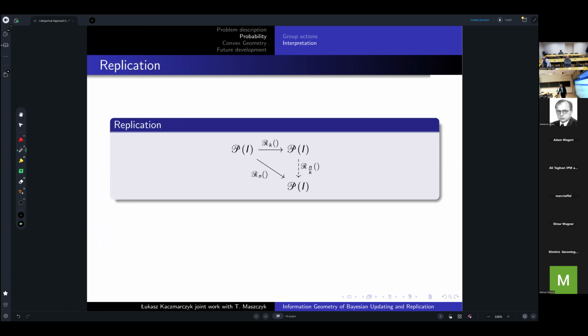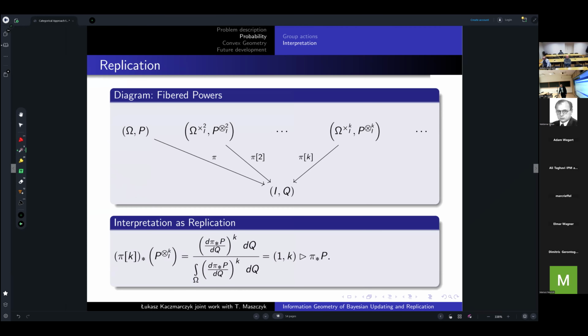Okay, one quick thing about the replication, which was motivated from here and realized through this action.